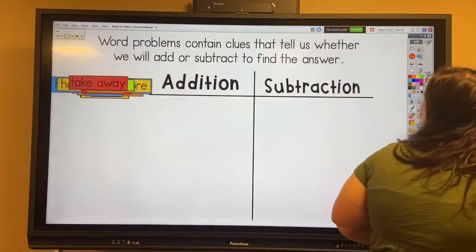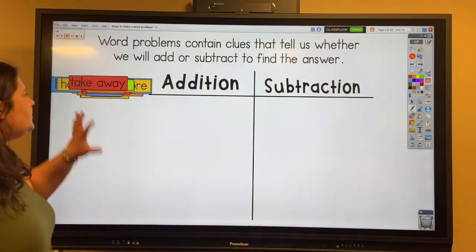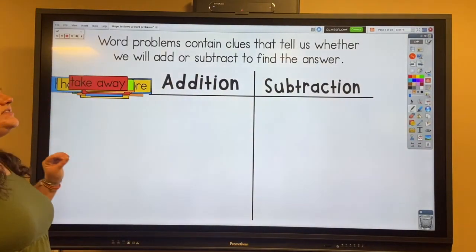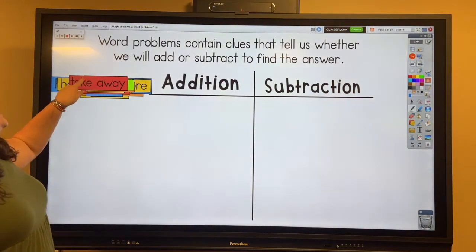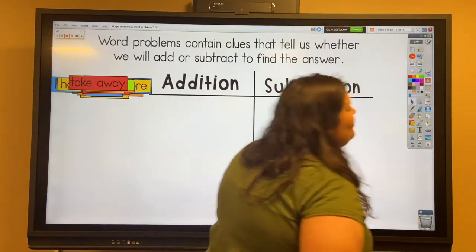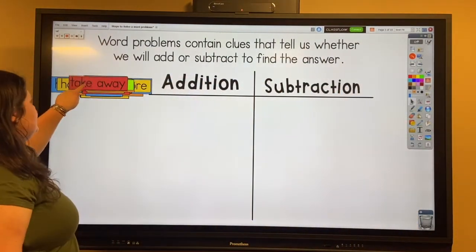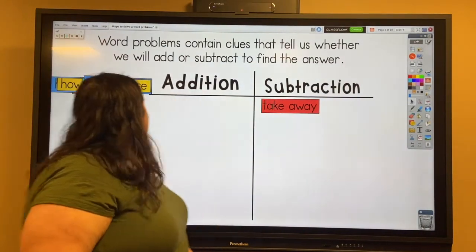We're going to be doing addition versus subtraction, and what the clue words tell us we need to be doing. Our first word is takeaway. In that example, we said takeaway would mean that you're subtracting, so I'm going to drag takeaway underneath subtraction.